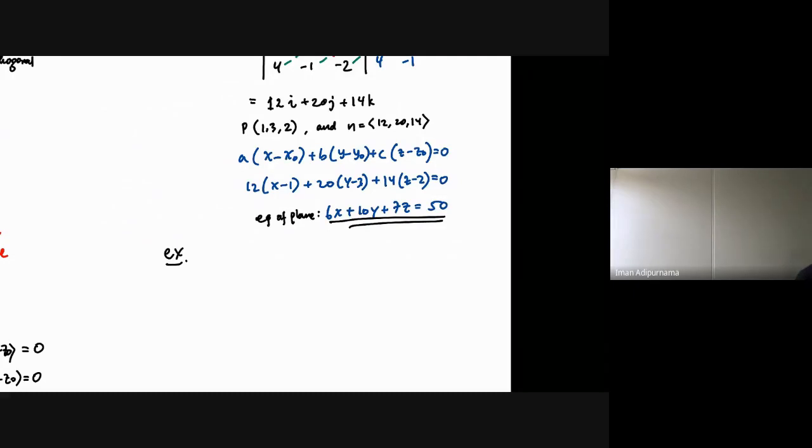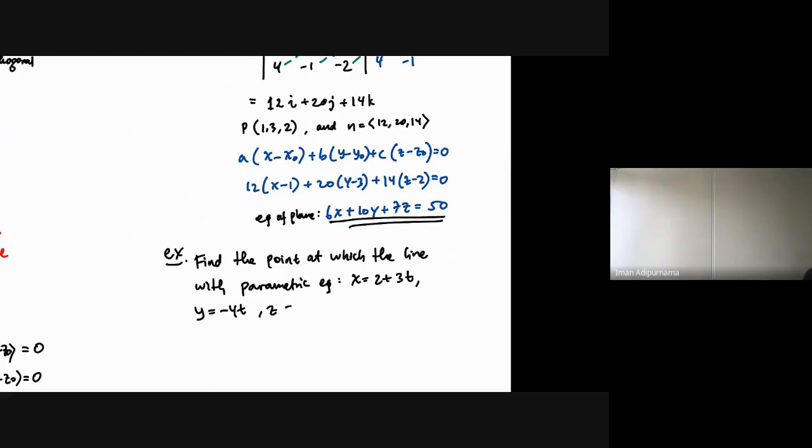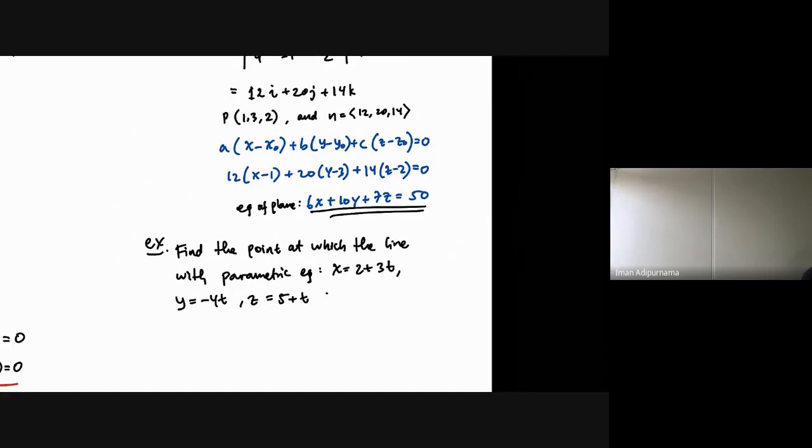So another example: find the point at which the line, now we are given the parametric equations, with parametric equations x equal 2 plus 3t, and then y equal minus 4t, z equal 5 plus t, intersects the plane 4x plus 5y minus 2z equal 18.